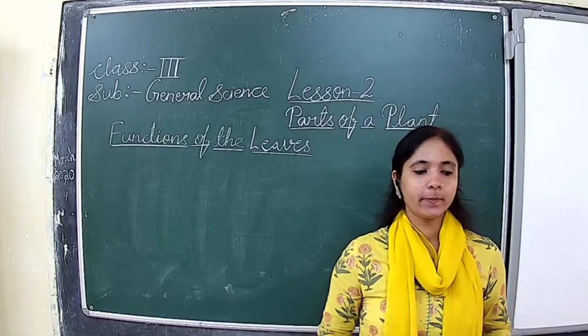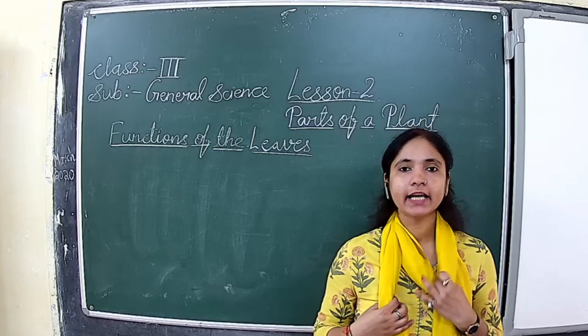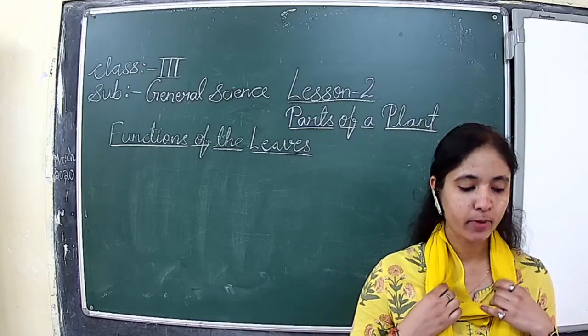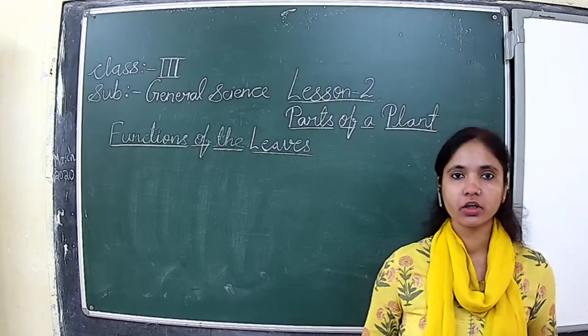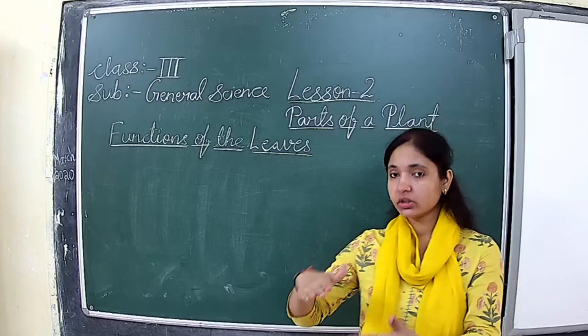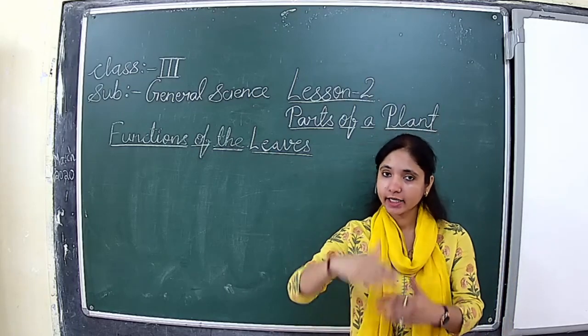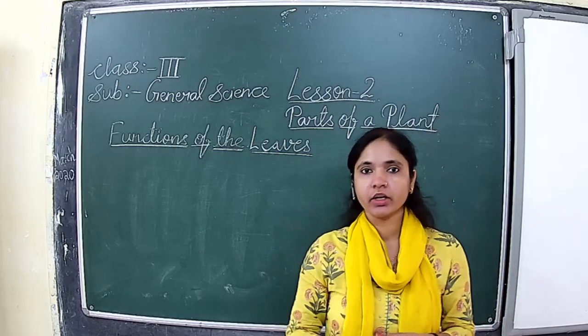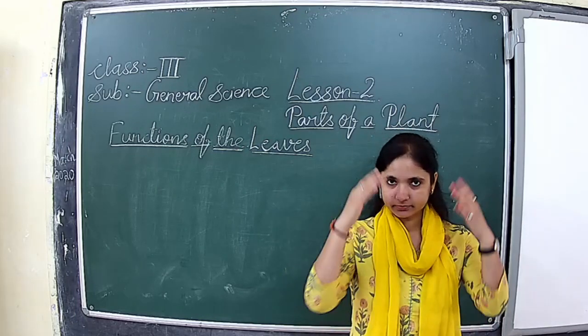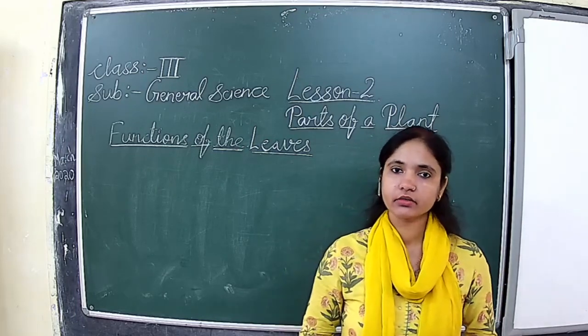Here we have seen a plant can be divided into two parts, that is the root and shoot. The part below the soil is the root, and the part above the soil is the shoot. When the shoot is in a younger stage, it is known as a tender shoot.